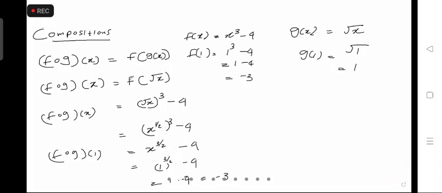Or otherwise, you can apply the point into the function gx. Then after that, you can apply the value for the fx. Then you can find the answer. Right? So the idea is that.